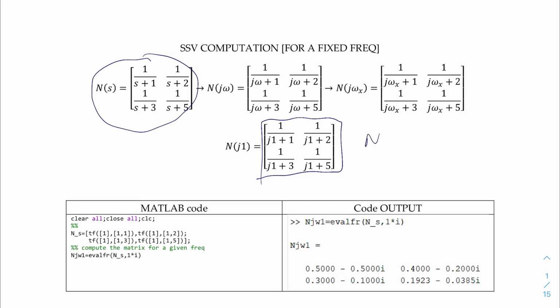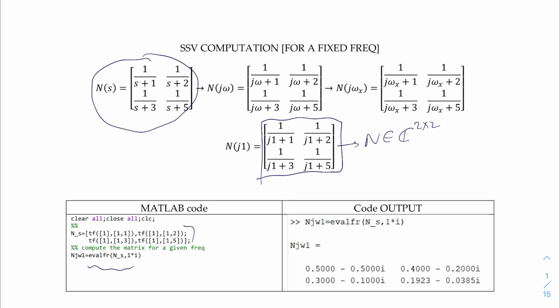For the sake of argument, let's call this matrix N, a 2 by 2 complex matrix. Here this is the TF, transfer function matrix definition in Matlab, and for a given frequency it gives the complex matrix that corresponds to the frequency I'm entering.